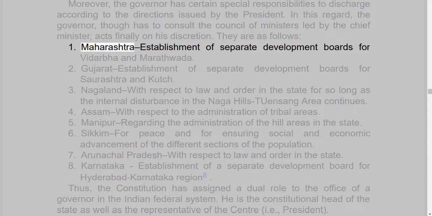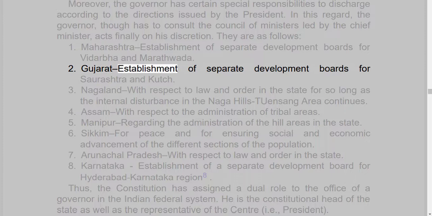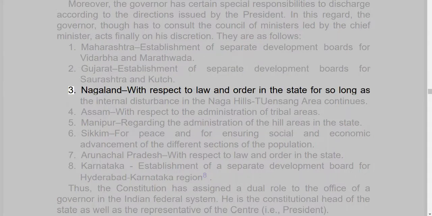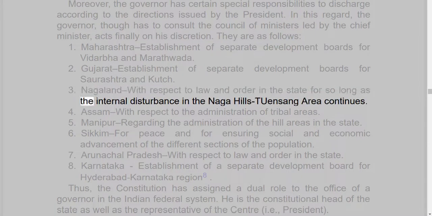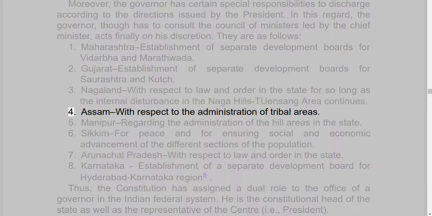1. Maharashtra. Establishment of separate development boards for Vidarbha and Marathwada. 2. Gujarat. Establishment of separate development boards for Saurashtra and Kutch. 3. Nagaland. With respect to law and order in the state for so long as the internal disturbance in the Naga Hills Tuensang area continues. 4. Assam, with respect to the administration of tribal areas. 5.